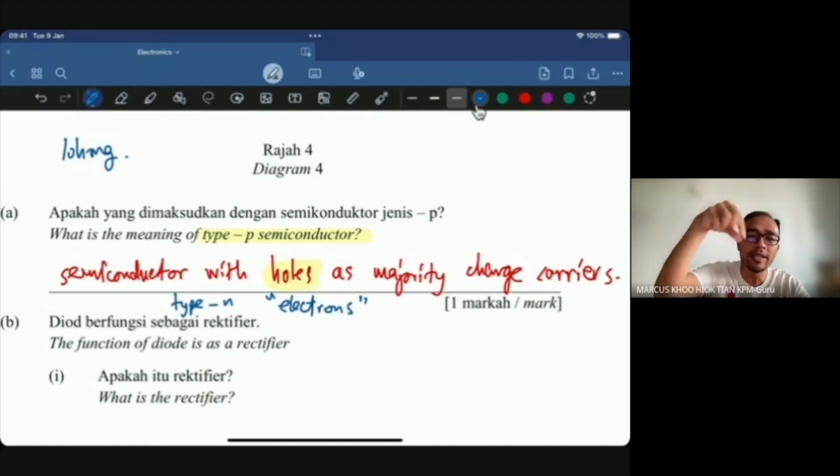It's just all these slots. I think a better word may be slots. Slots that are supposed to be filled with electrons, but if there are fewer electrons than slots, meaning empty slots, that's a type P semiconductor. More empty spaces compared to electrons. But if there are more electrons than empty slots, then we call it a type N semiconductor.